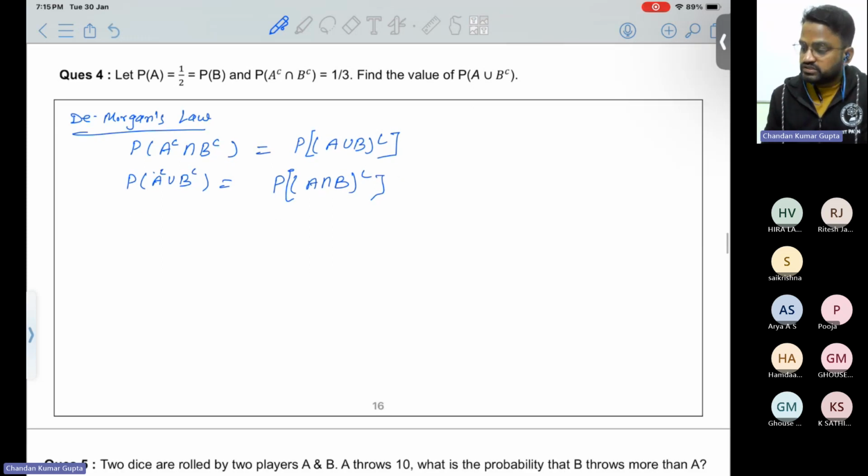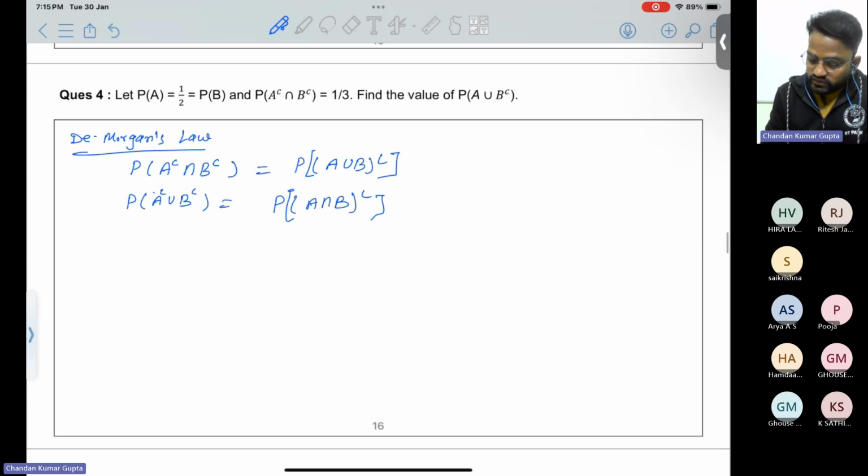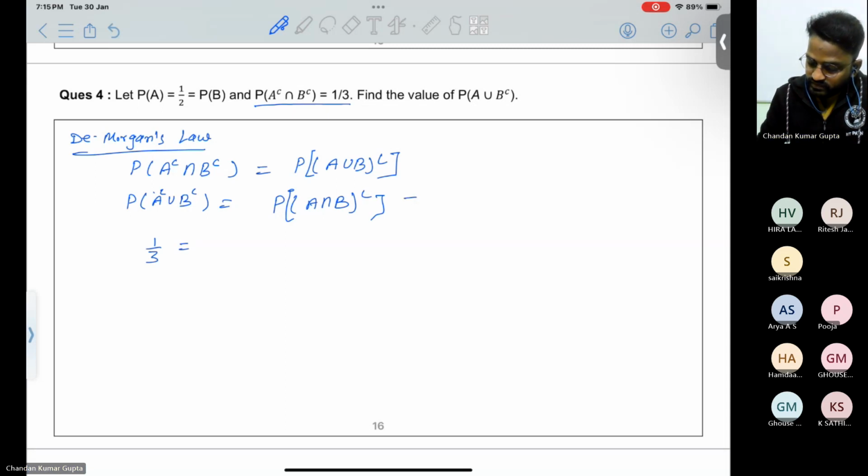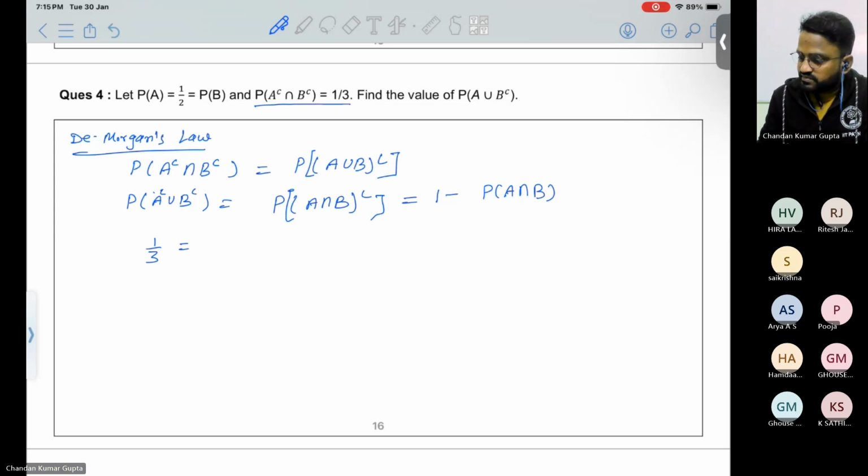Okay, so first we are given that the probability of A complement intersection B complement is 1 by 3. So here, 1 by 3 equals, we can write this probability as 1 minus the probability of A intersection B. Can we write this? Yes, sir.